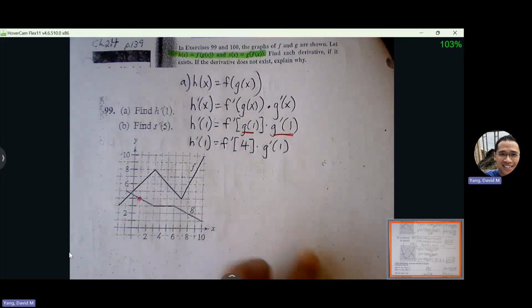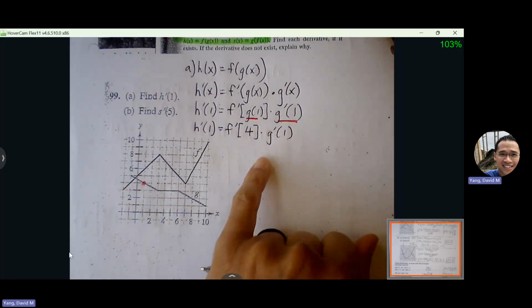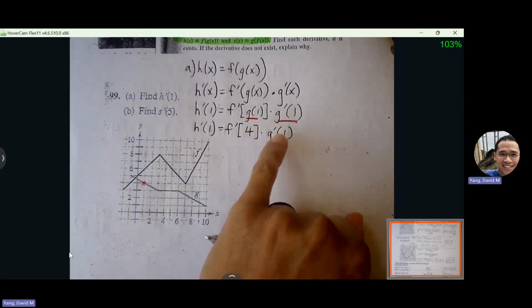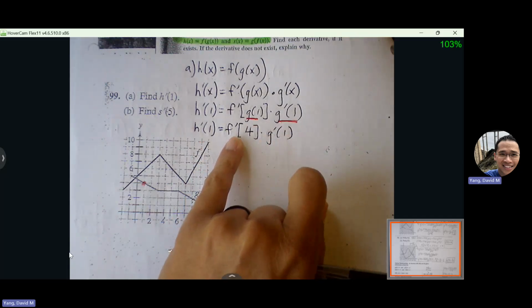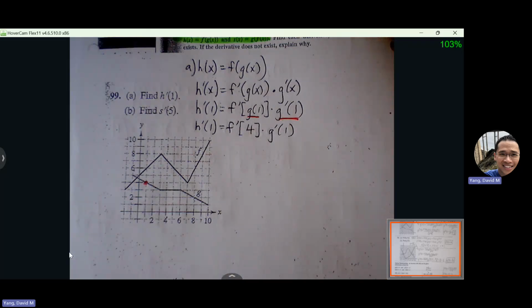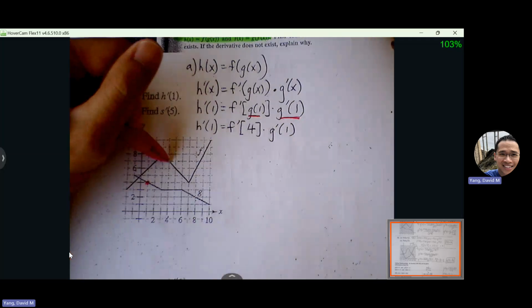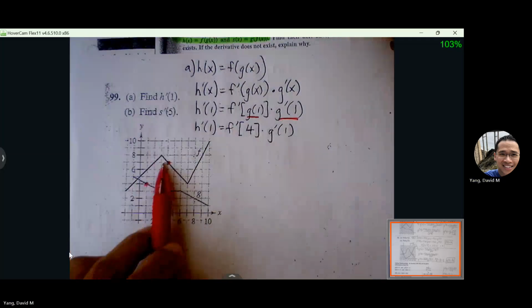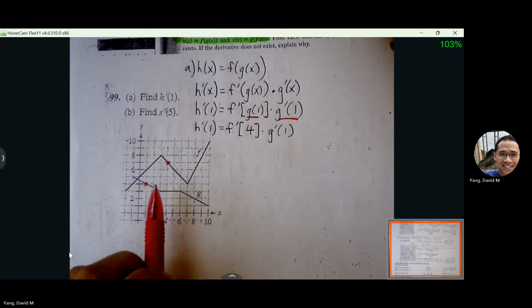Now this should feel a lot more manageable because the only thing that's left is f prime of 4 and g prime of 1. We just have to find the slope of the f graph at 4 and the slope of the g graph at 1, and then multiply them together. What's the slope of the f graph at 4? -1.